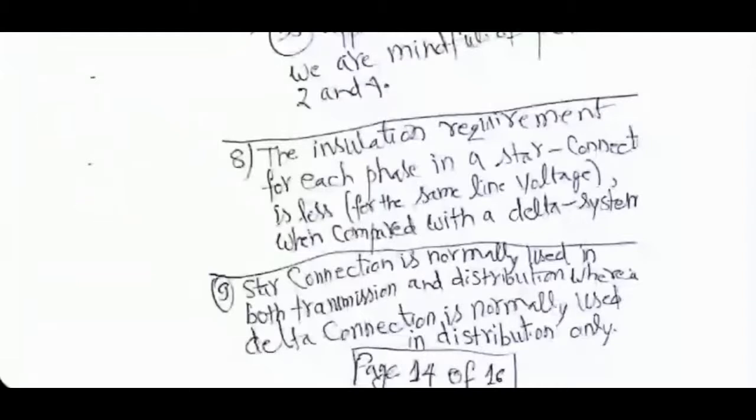A star connection is normally used in both transmission and distribution, whereas delta connection is normally used in distribution only. Okay, this is a practical advice. For generation and for transmission, we generally use star connection. But when it comes to distributing the load to public, we divide them into delta connections.